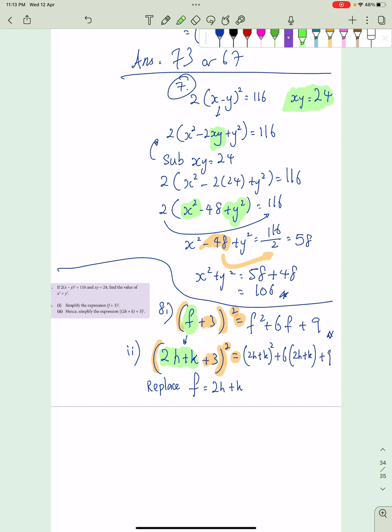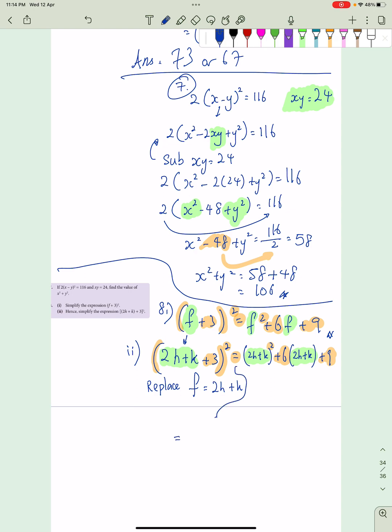Alright, so what I'm doing here is I'm trying to replace all the f with 2h plus k. While the remaining things like the square, I will put the same, plus 6 I don't change, plus 9 I don't change as well. So I hope this color coding helps you to see how and why.